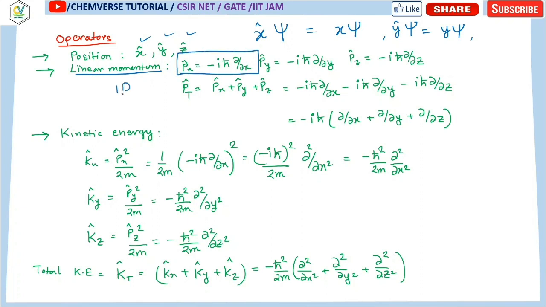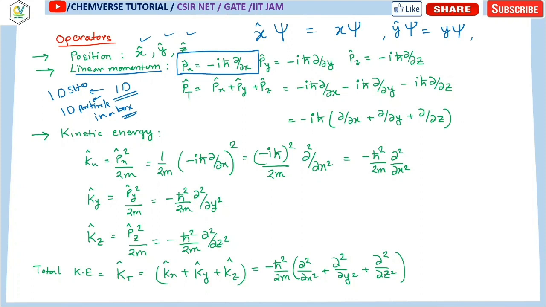For 1D problems like the 1D SHO or the 1D particle in a box, you can only apply px or py or pz, depending on which axis you are considering.